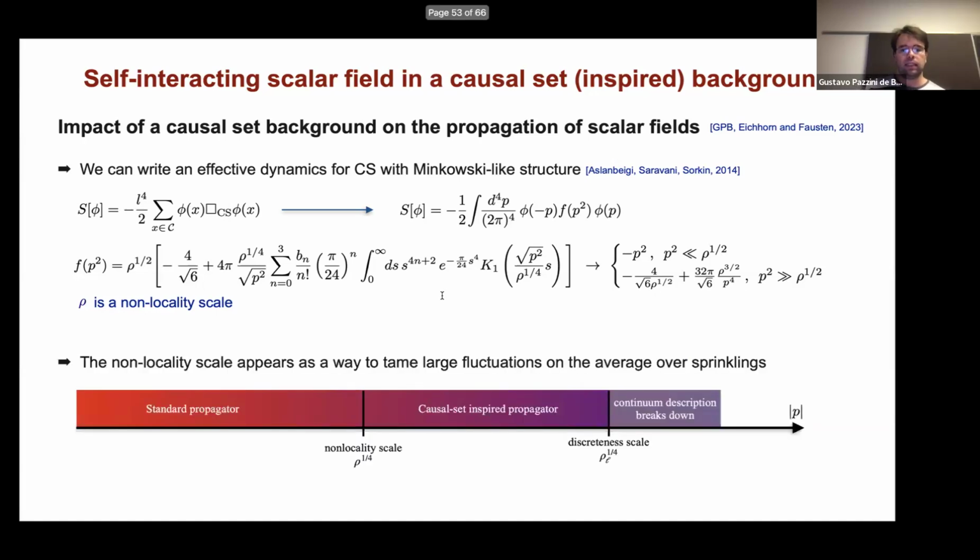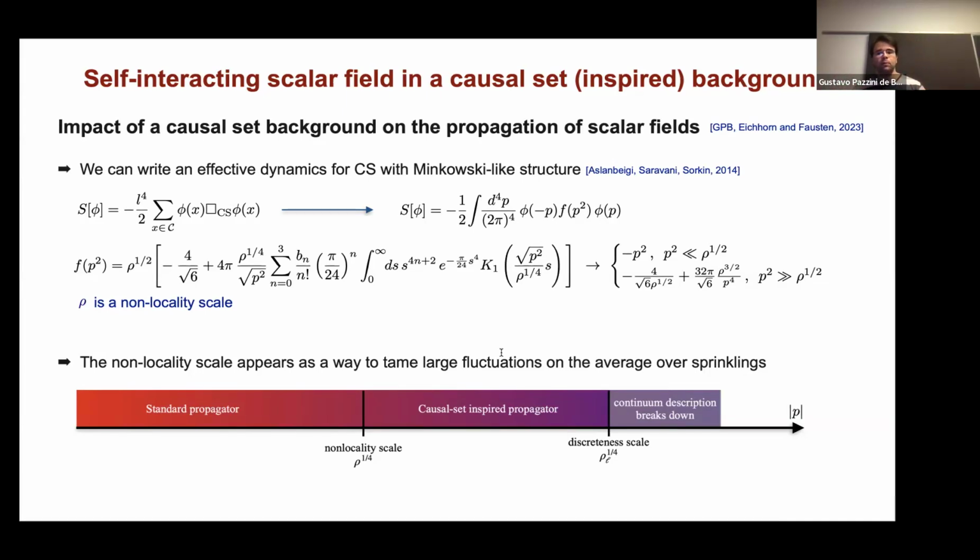But the one important point that I should emphasize about this expression is that now I have this scale rho, which corresponds to a non-locality scale instead of the discreteness scale. This is no longer the discreteness scale from before, but it corresponds to a non-locality scale. And the idea is that this kind of non-locality scale appears in the construction of causal set D'Alembertians in order to tame large fluctuations that you get from averaging over sprinklings.